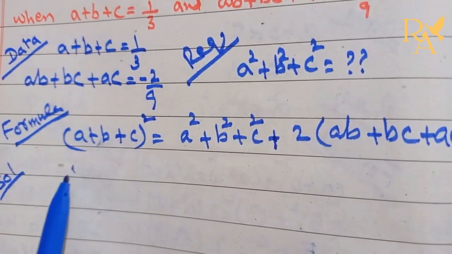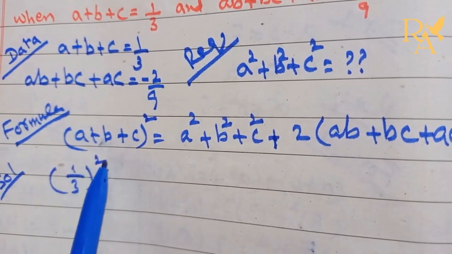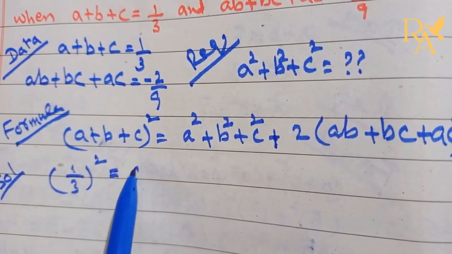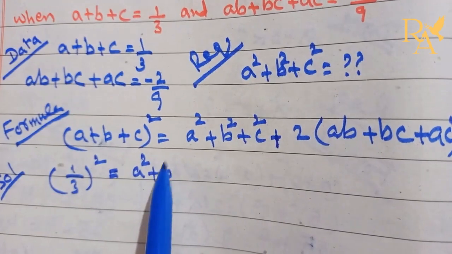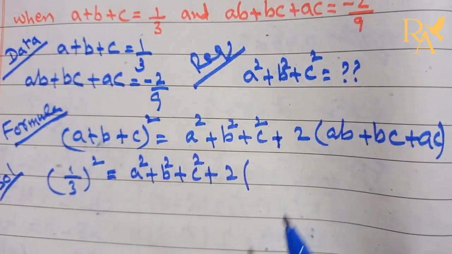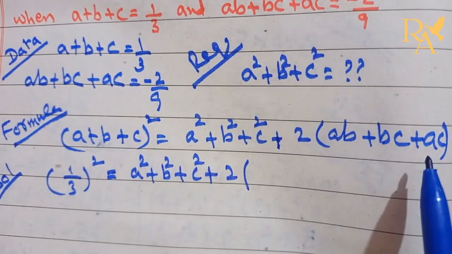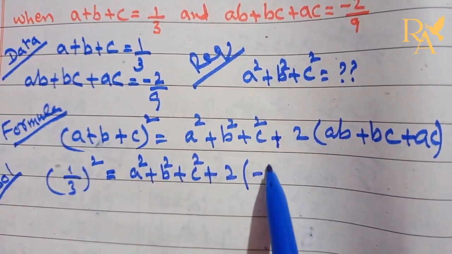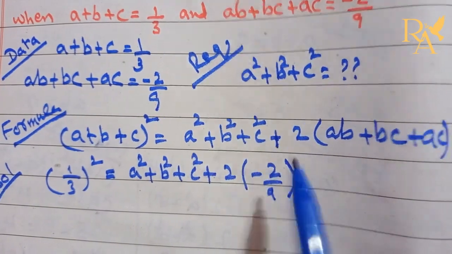It is given 1 upon 3 whole square is equal to A square plus B square plus C square plus 2 times the value of AB plus BC plus AC, which is minus 2 upon 9.